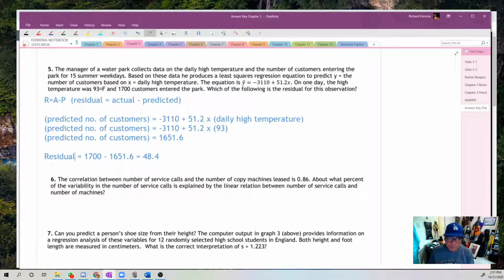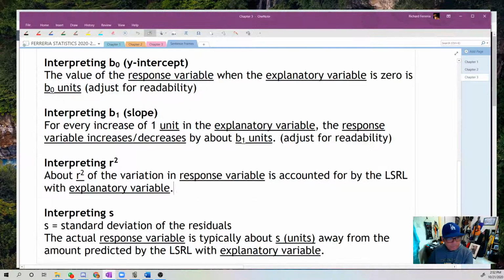Well, if you've been working with linear regressions, you would probably know that you were looking at the interpretation for r squared. About r squared of the variation in the response variable is accounted for by a least squares regression line with the explanatory variable.